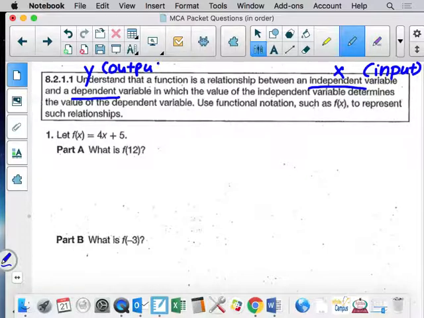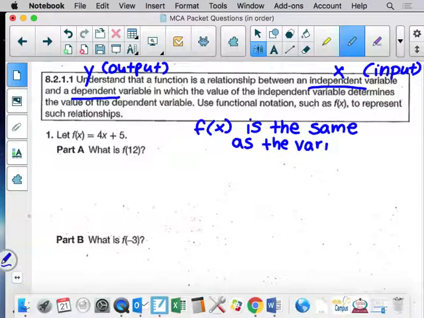So we're putting something in for x and seeing what we get out for y, or f of x. So f of x is the same as y. They're interchangeable.